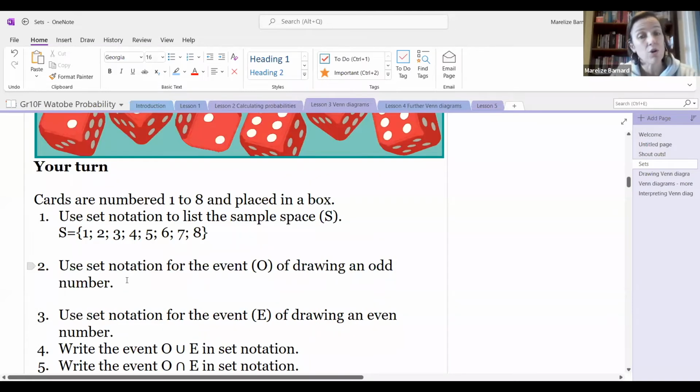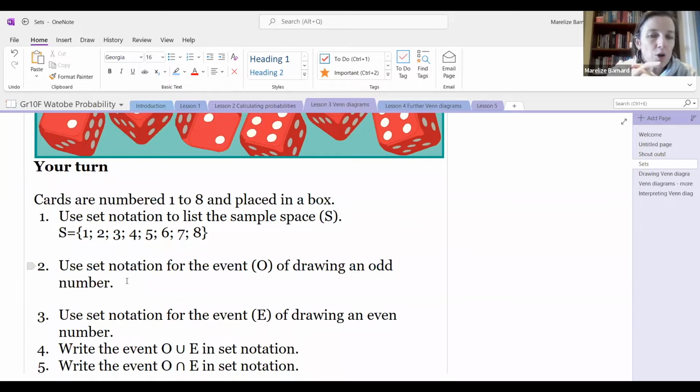Now use set notation for the event O of drawing an odd number. How am I going to write that? For those of you who are doing it in the chat and you are doing your curly brackets, well done. Just don't forget to name your set. Here we've got the event O. Pop it in the chat, please.